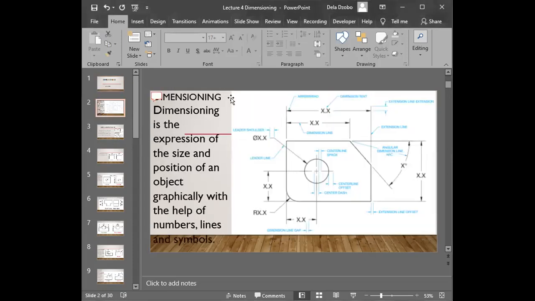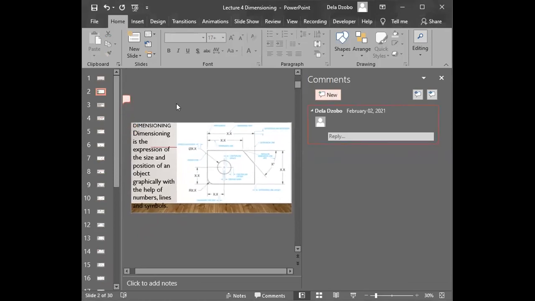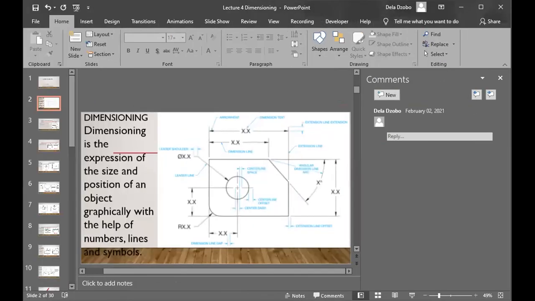The first of these rules is that dimensioning is the expression of the size.